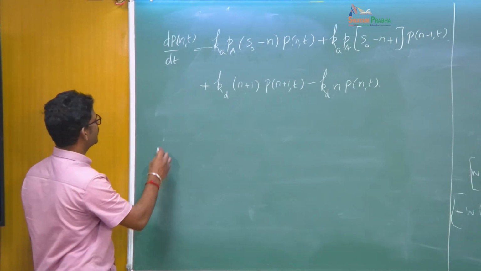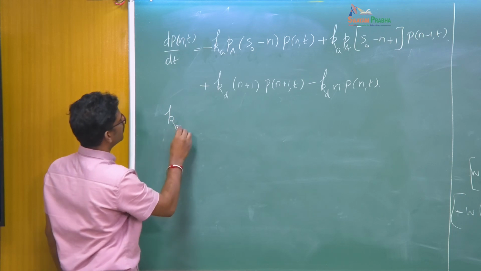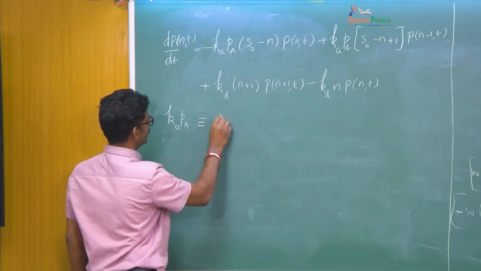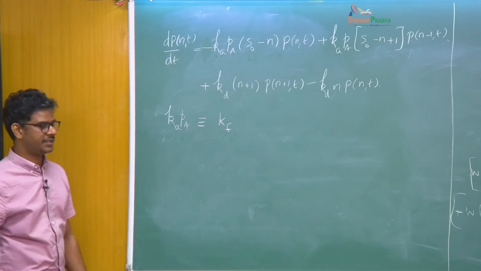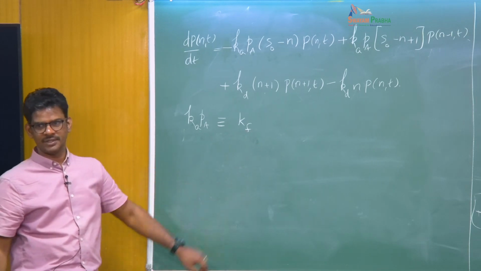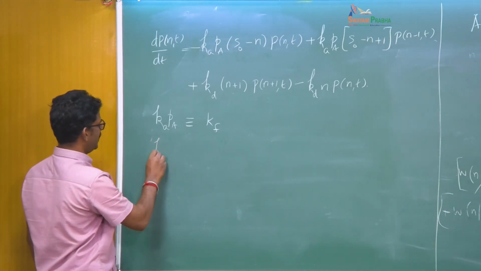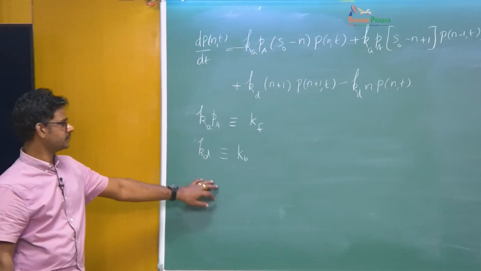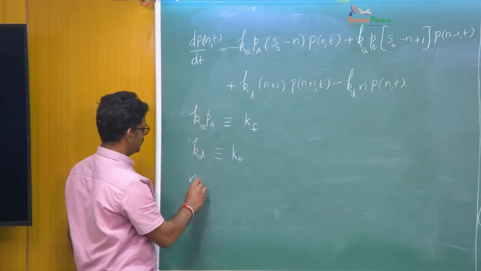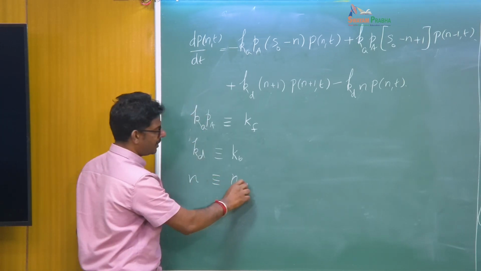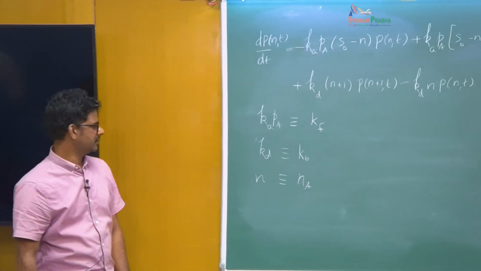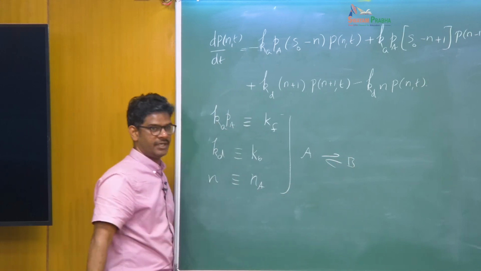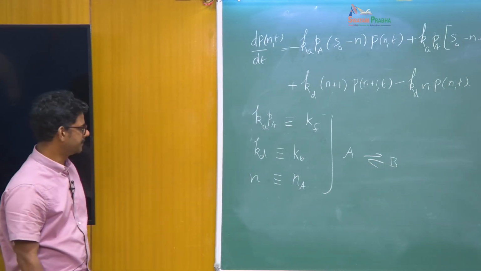So if you see, Ka Pa should be actually equal to Kf in the reversible reaction problem, and I think Kd is equivalent to Kb, the backward reaction rate constant, and n here meant Na in the reaction A to B. Okay, so all this right hand side was written for a chemical reaction going A to B reversibly.